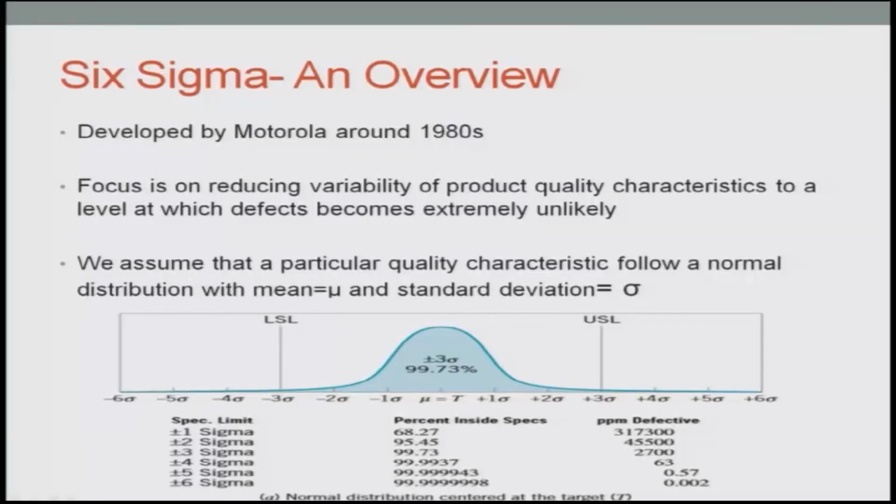So, again continuing where we just left. Six Sigma basically focuses on reducing variability of product quality characteristics to a level at which defects become extremely unlikely, because if you are able to reduce the risk, obviously the number of defects per percentage or per million or per thousand would reduce, which would mean that the amount of variability with respect to the good items being there would obviously increase.